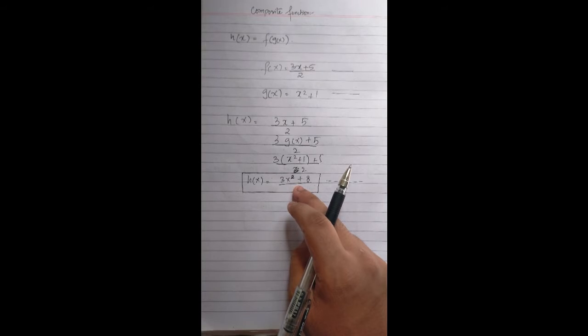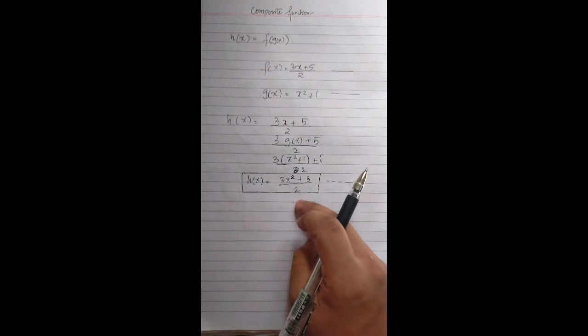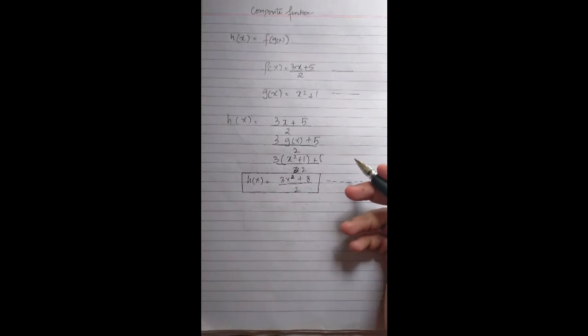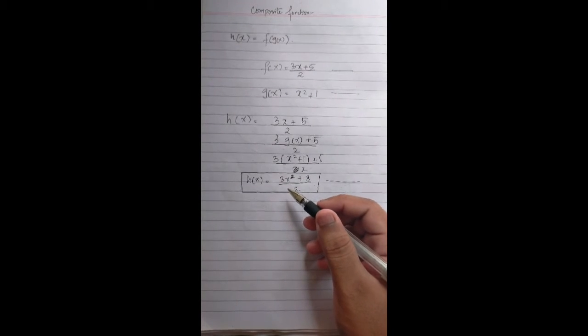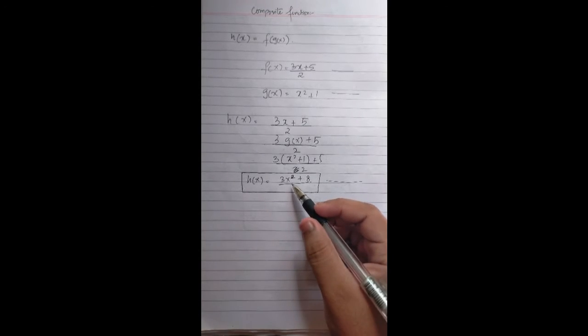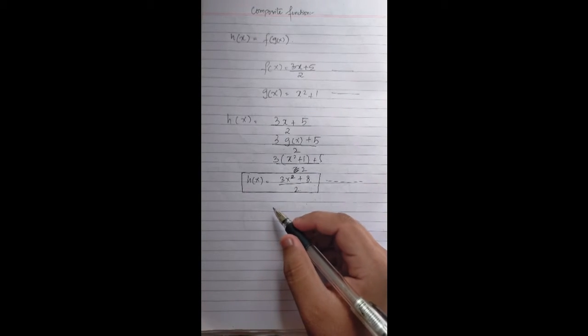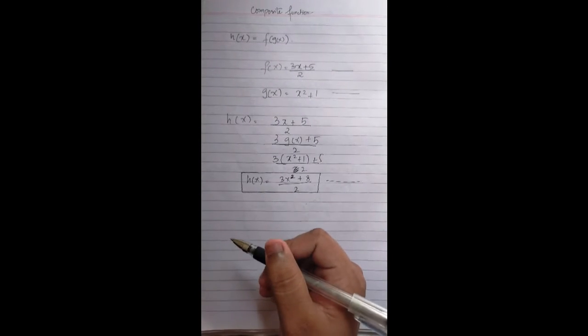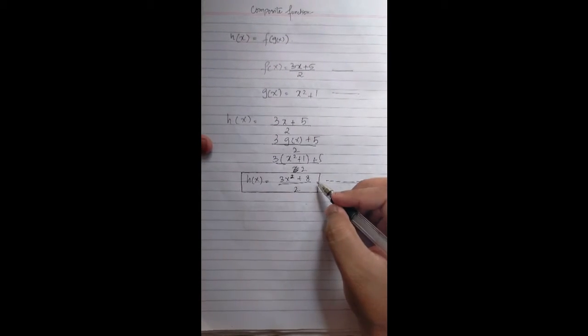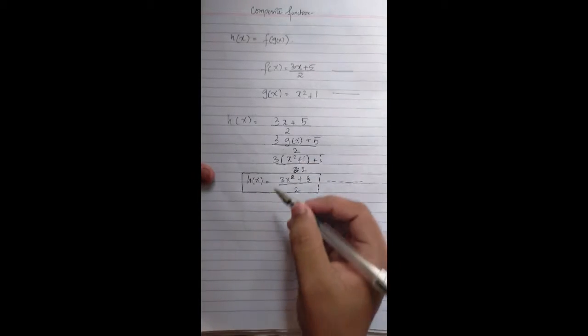All the inputs which give an output of real numbers will be the domain of this function. So this is how we form composite functions.